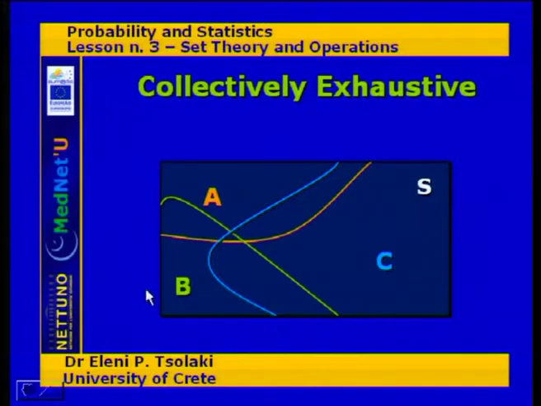All these events, we can see that if we take their union, if we put them all together, their area will make all the sample space. These are the events that are called collectively exhaustive.